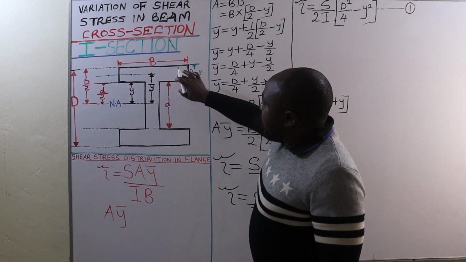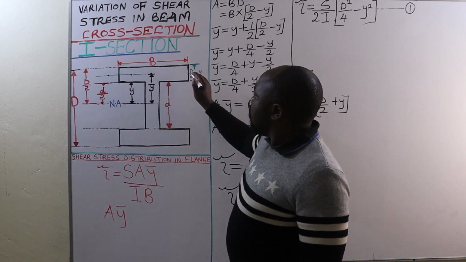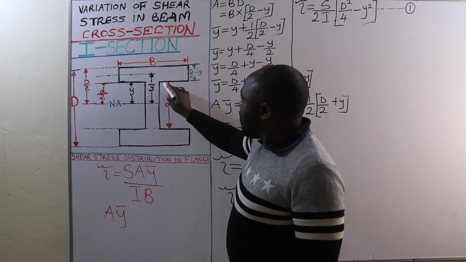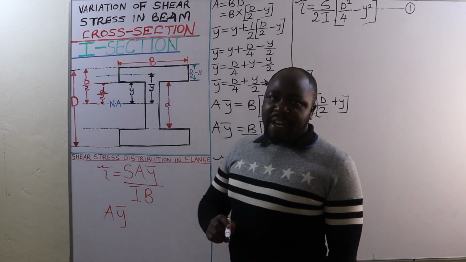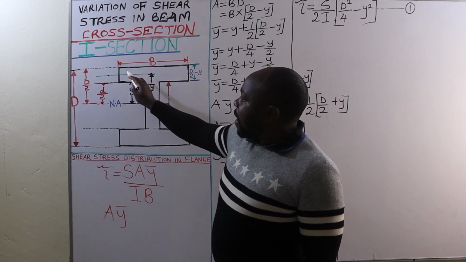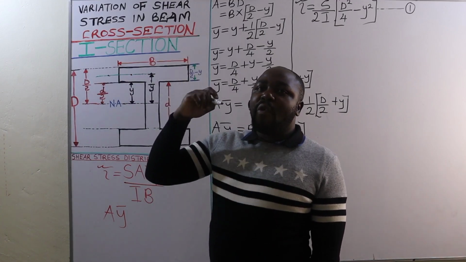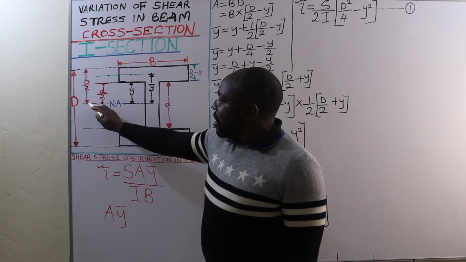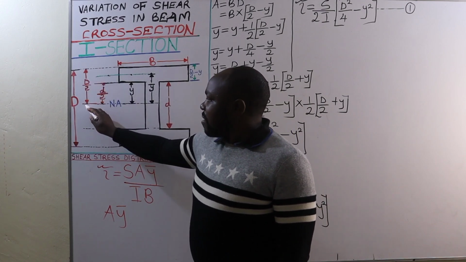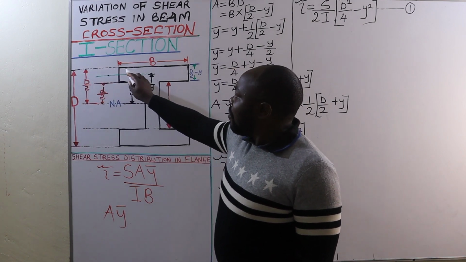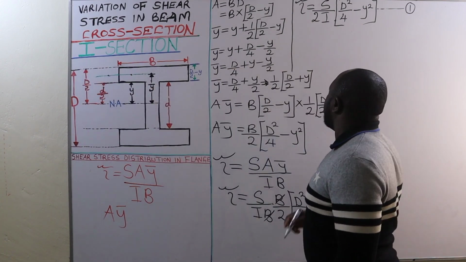Now, on the top flange, we have the top edge of the flange and we have the lower edge of the flange. The top edge of the flange has a value of Y equal to D over 2. That is the distance from the neutral axis to the upper edge of the top flange.